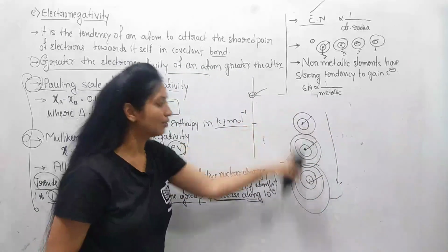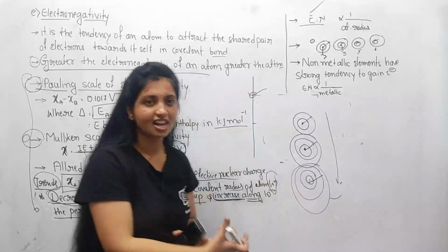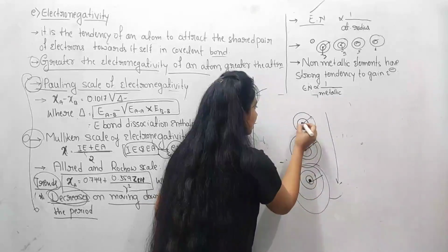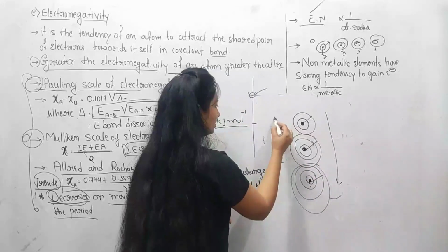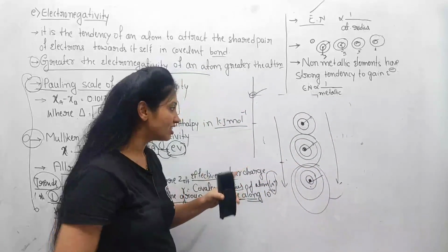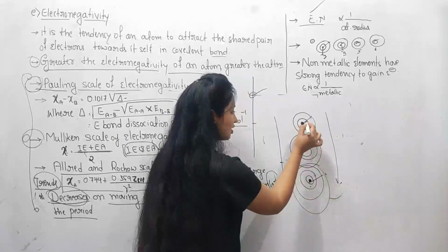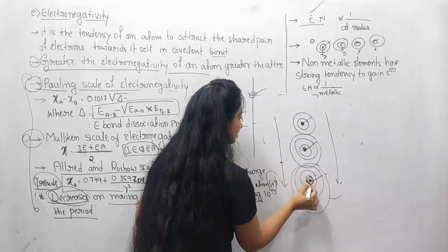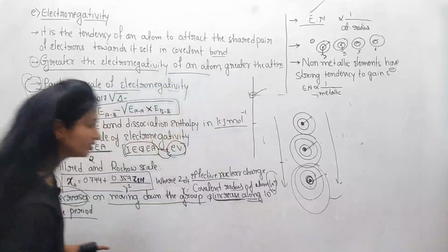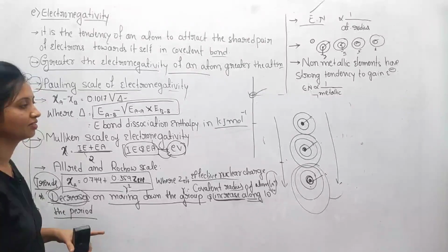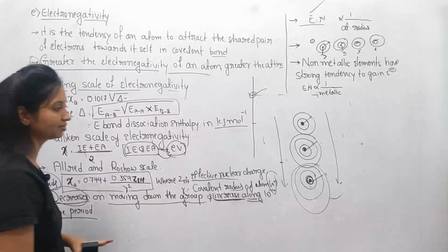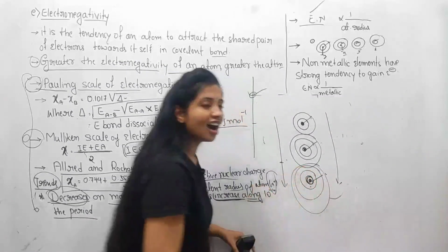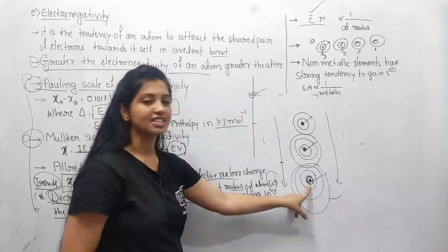So by increasing the size, or increasing the radius, the effective nuclear attraction also decreases, because as the distance from the electron increases, the nucleus can't attract these electrons strongly towards itself.